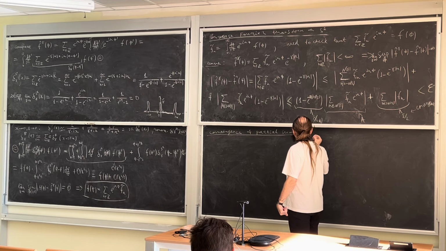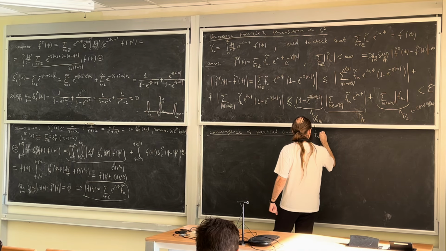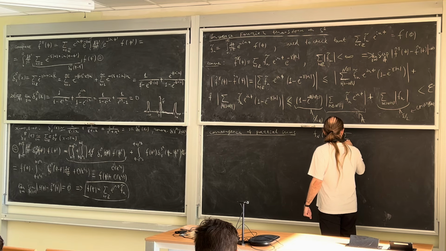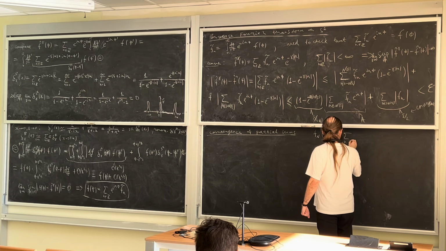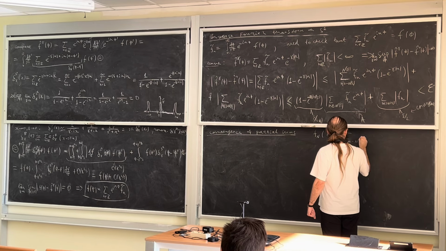So we have f n of phi that equals the sum over n from minus n to n.